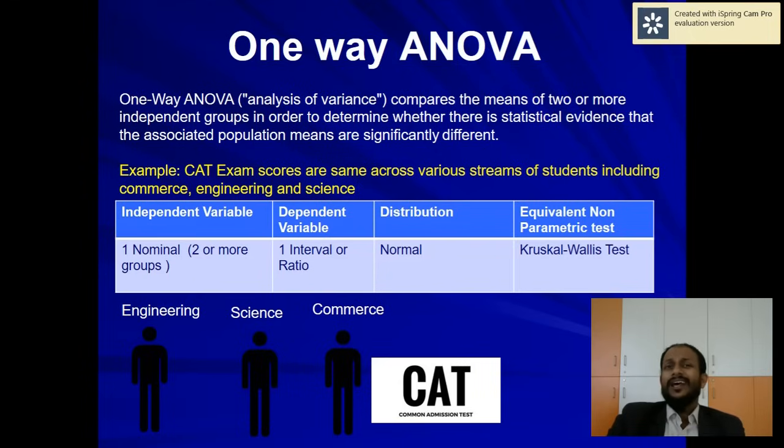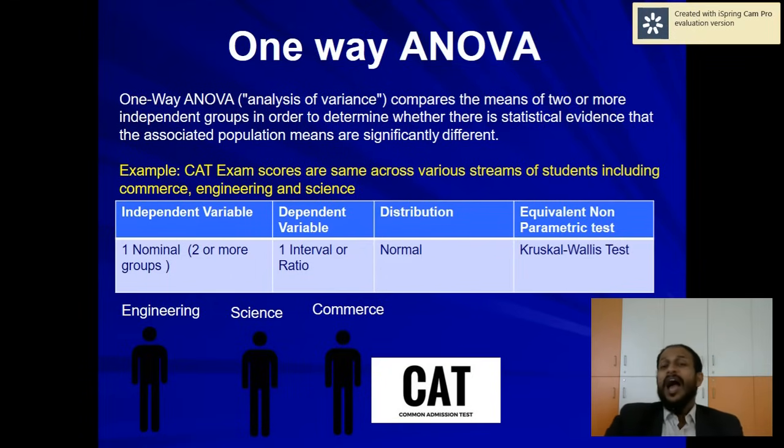Here I compare the means of not just two populations but two or more populations. So this ANOVA and t-test, both these tests, I use for comparing the means. When I am comparing the means across two populations, I will be using the t-test.